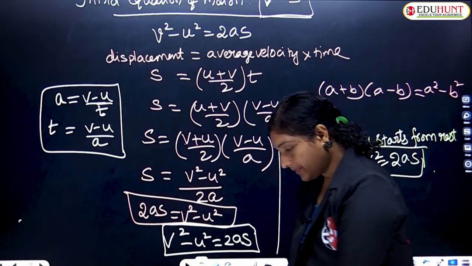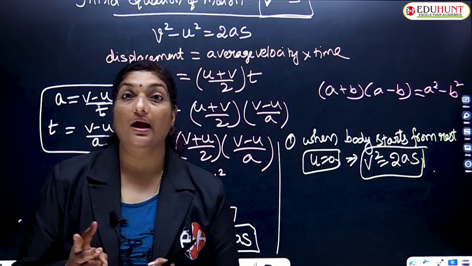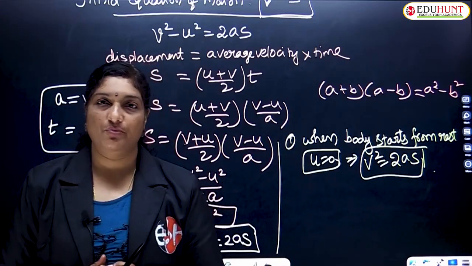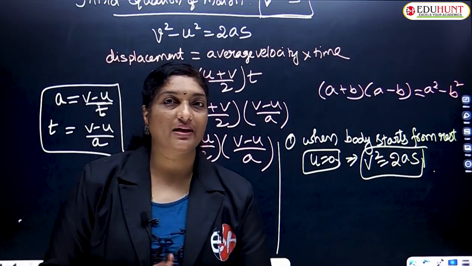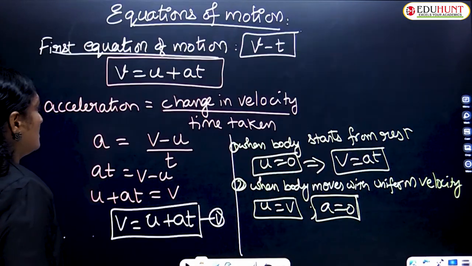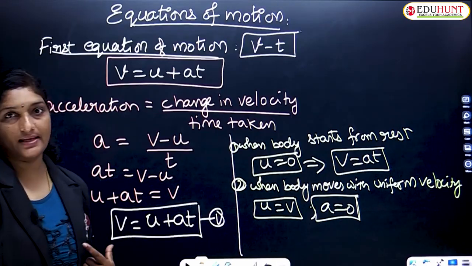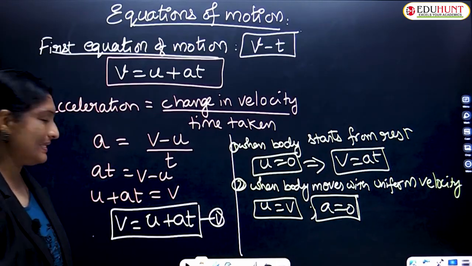So children, today I have discussed the 3 powerful equations of motion. The first equation of motion was v equals u plus at.